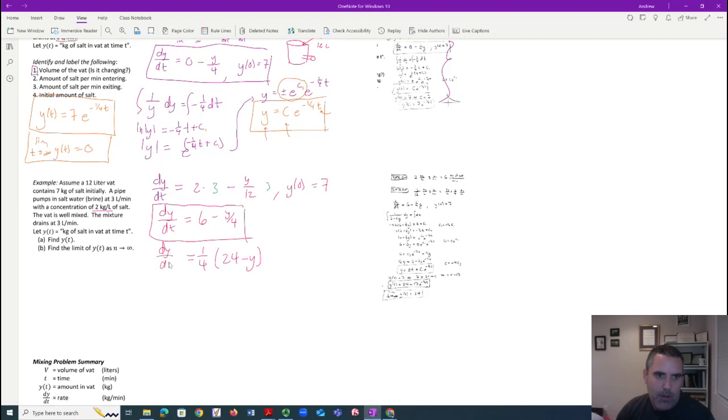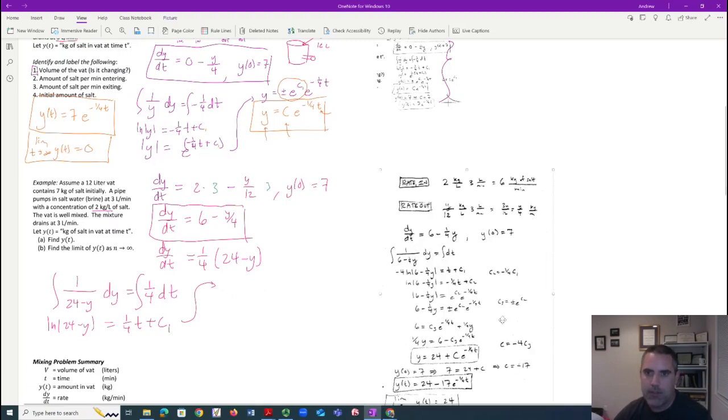That's just a matter of how I want to work with fractions. And then I would divide, 1 over 24 minus y dy is 1/4 dt, and then I'd integrate both sides. This becomes log of 24 minus y is 1/4 t plus c1, and then we play all the same games. Now in the end, you can clean up your answer. I'll make this a little bigger. This is in my notes, you can see.